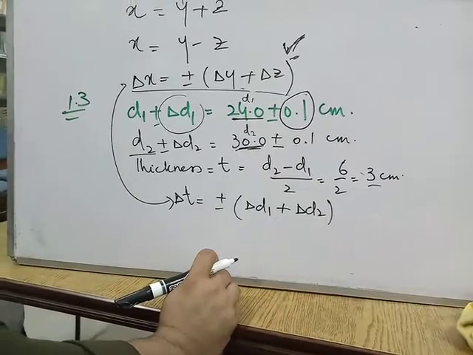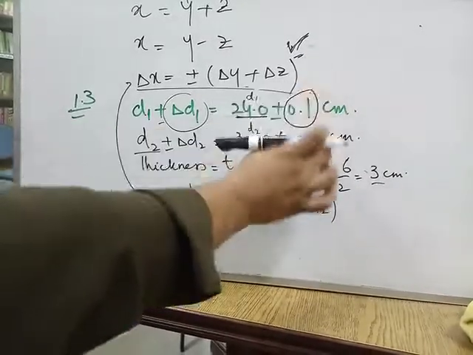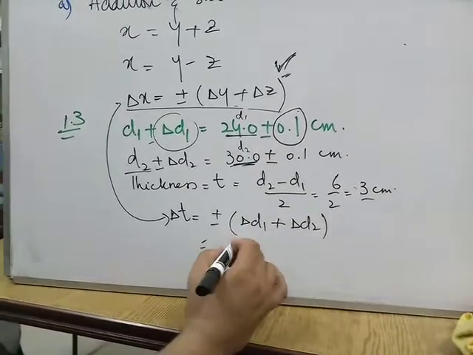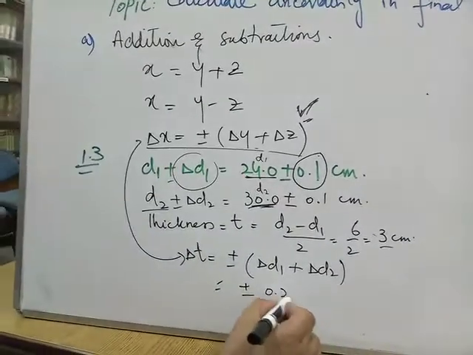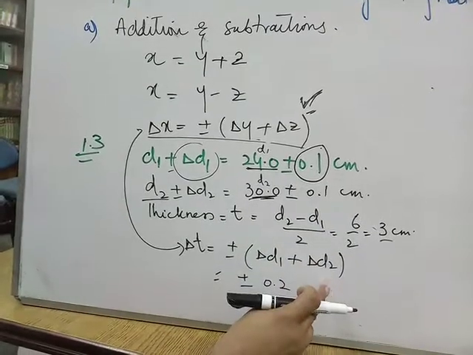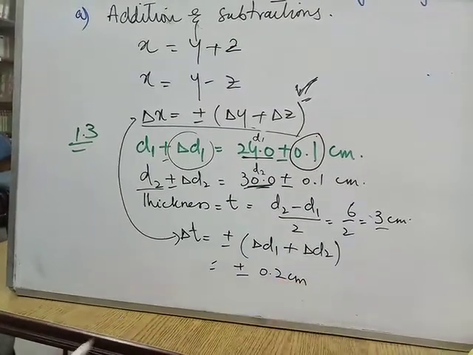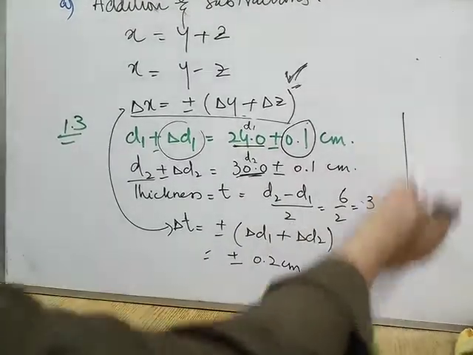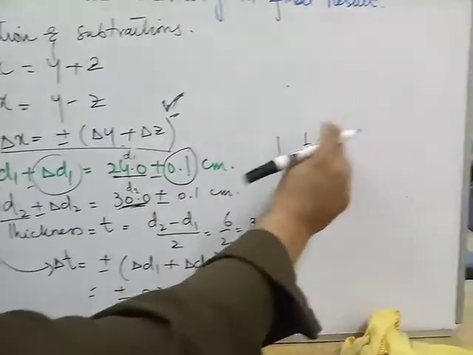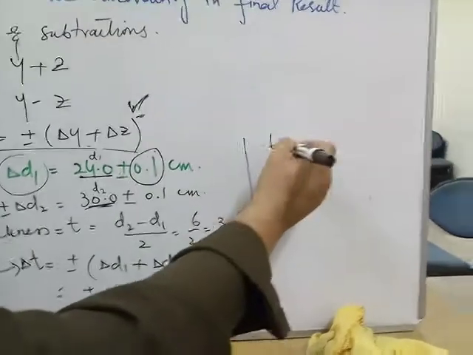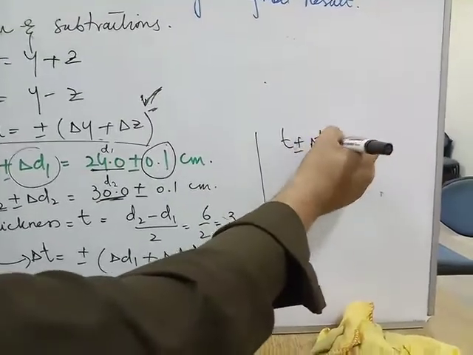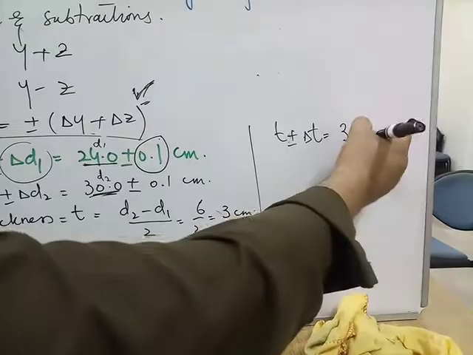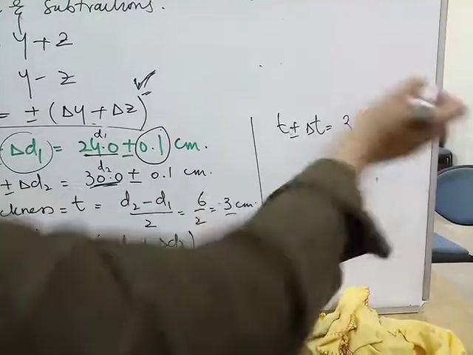We just add the uncertainties in the final result. So the end result will be plus or minus 0.2, since 0.1 and 0.1 both add. So we can write t plus or minus delta t, and the answer for this thickness is 3 plus or minus 0.2 centimeter.